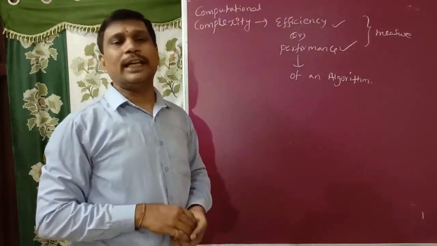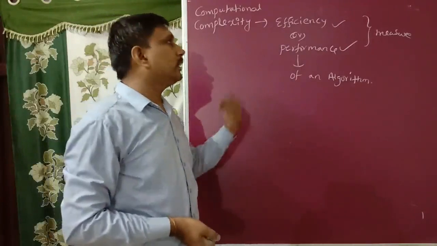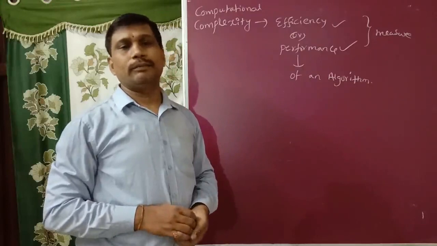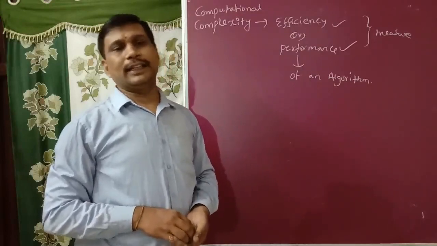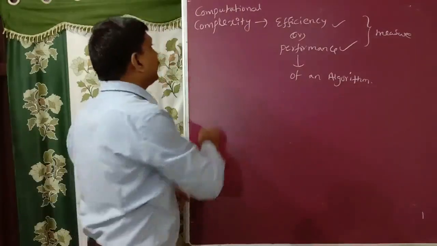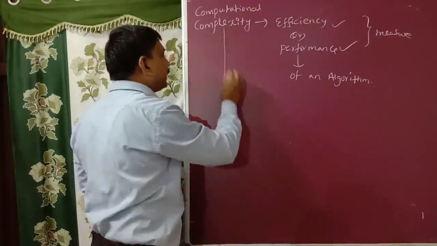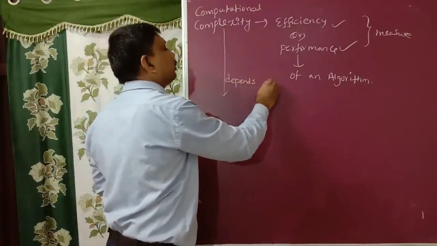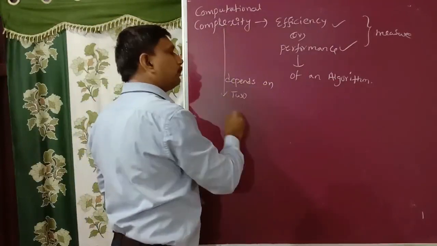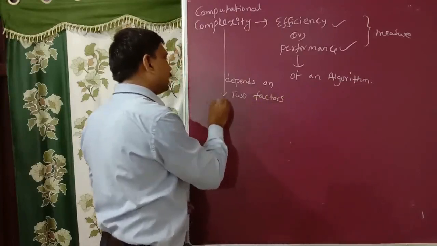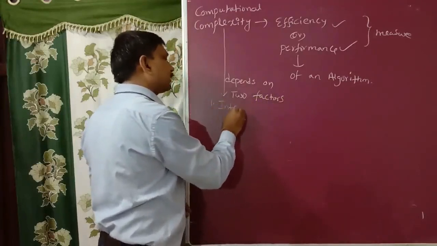How to measure and determine the performance or efficiency of an algorithm is based on different factors, internal and external. The computational complexity depends on two factors.